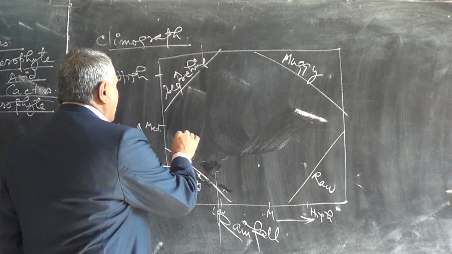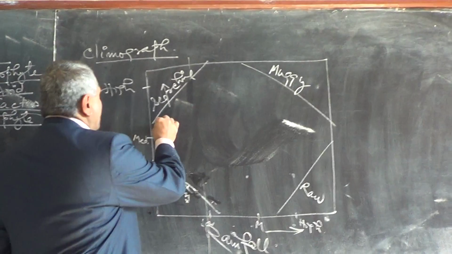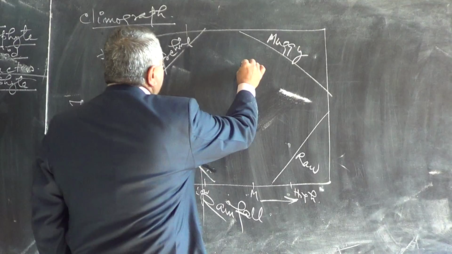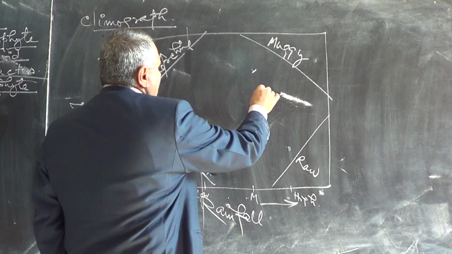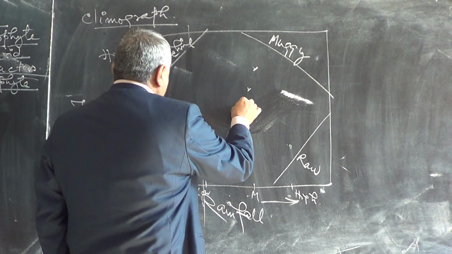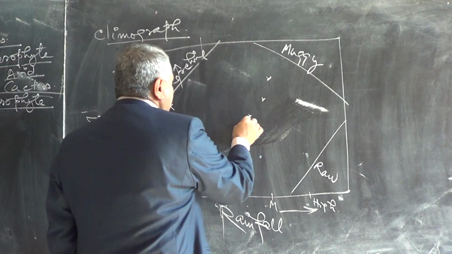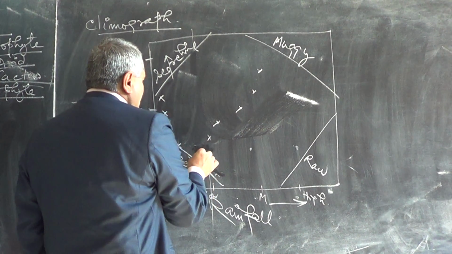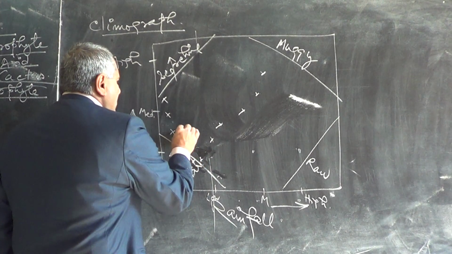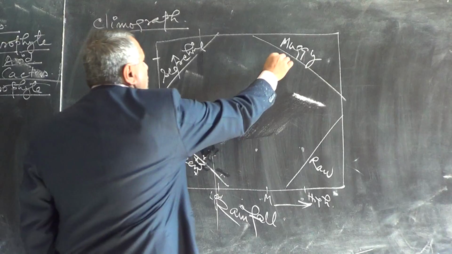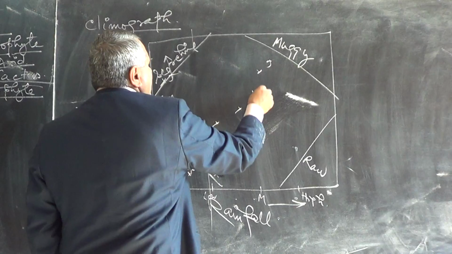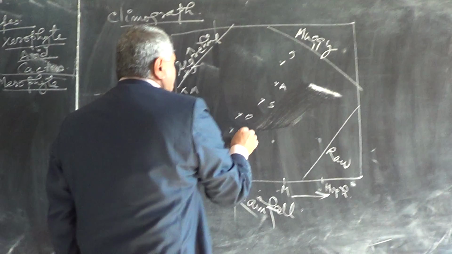March, April, May, no rain. June, no rain. But July we have high temperature and rain, and in August temperature comes down. Then September, October, November, and December.